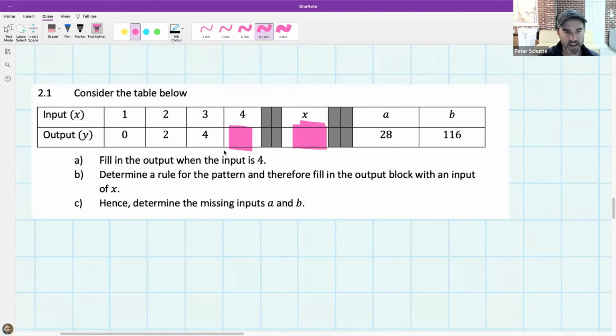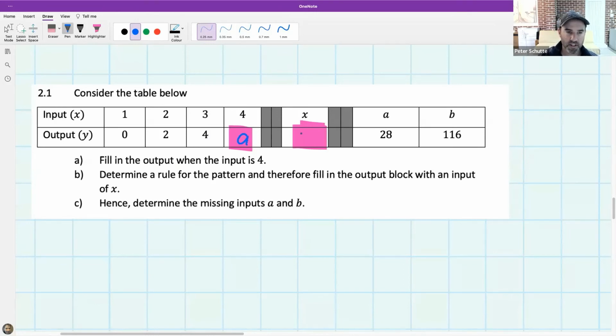Working out what goes with 4 will be quite straightforward. But basically, the second part, which is a bit more tricky, is going to be to work backwards to find A and B. And so I'm going to help you with that in a moment. But let's just start by you guys working out what is the missing pair here, what is the missing amount here.